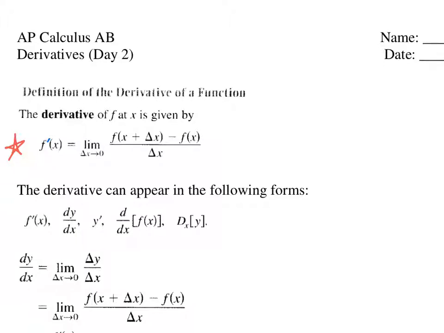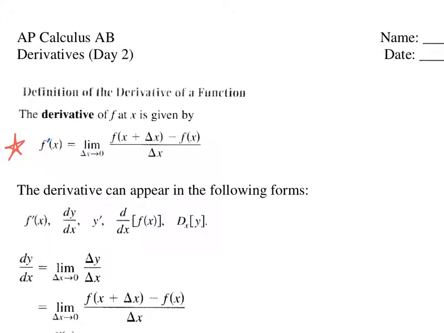That means the derivative of f of x. Okay, there's some other notation down here that we'll look at in a second. But it's the limit as delta x approaches 0 of f of x plus delta x minus f of x all over delta x. So notice instead of a particular value of c, we're using the general value x, the variable x.